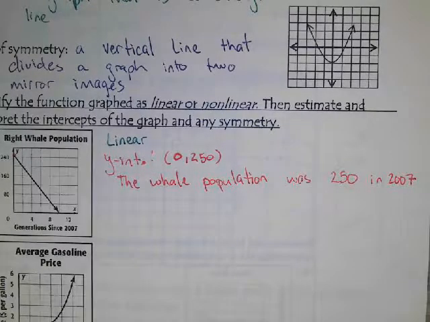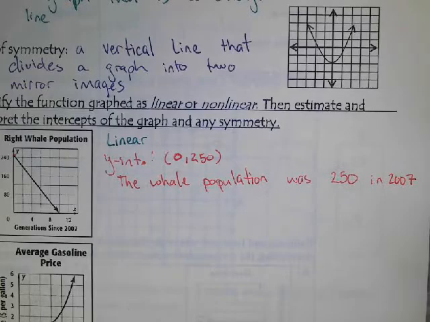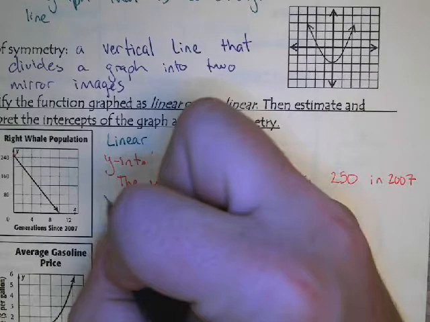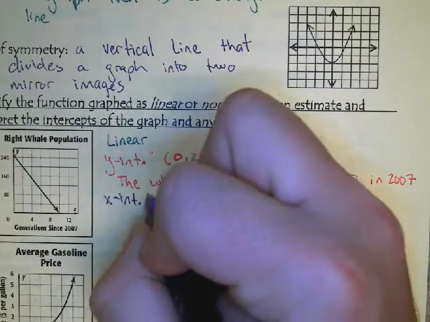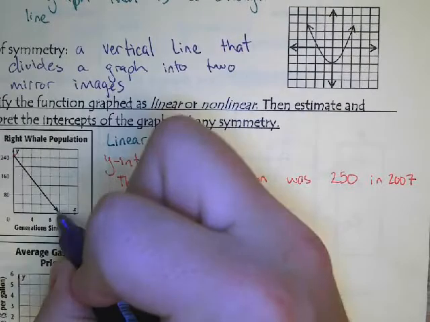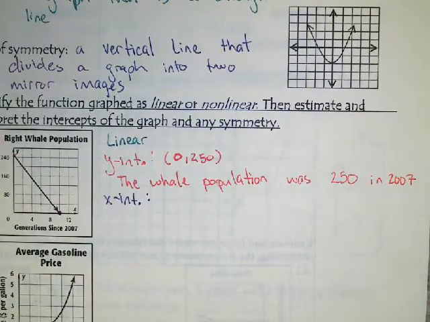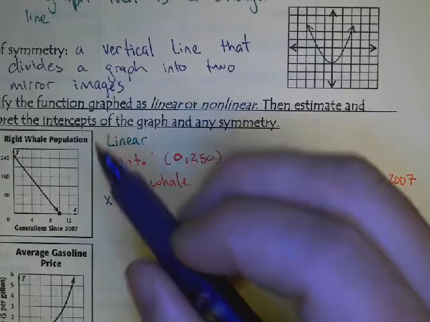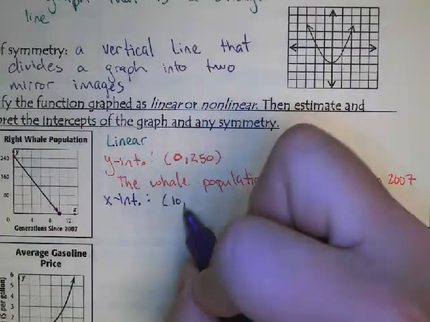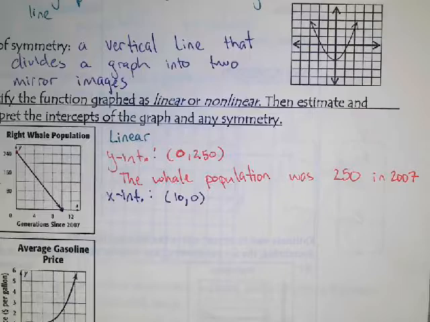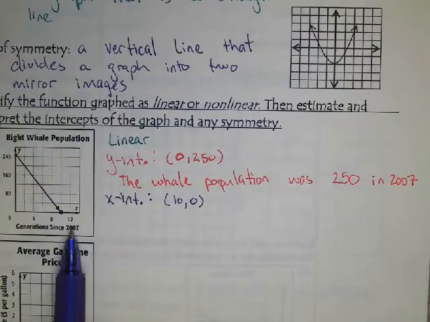Our x-intercept down here looks to be about (10, 0). So this is 10 generations since 2007.